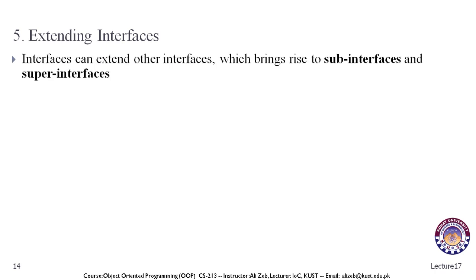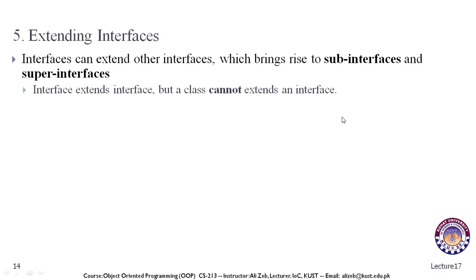Extending interfaces. Interfaces can extend other interfaces, which gives rise to sub-interfaces and super interfaces, same as the subclasses and the superclasses. An interface extends an interface, but a class cannot extend an interface. It should be implement, because classes only implement interfaces, so there is no need to extend the interfaces.